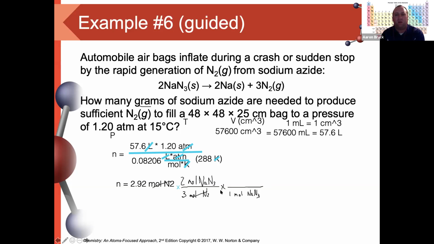and sodium is 22.99, nitrogen is 14.01, and there are 3 of them. 65.02 is the molar mass. So 65.02 grams of sodium azide is equivalent to the 1 mole.